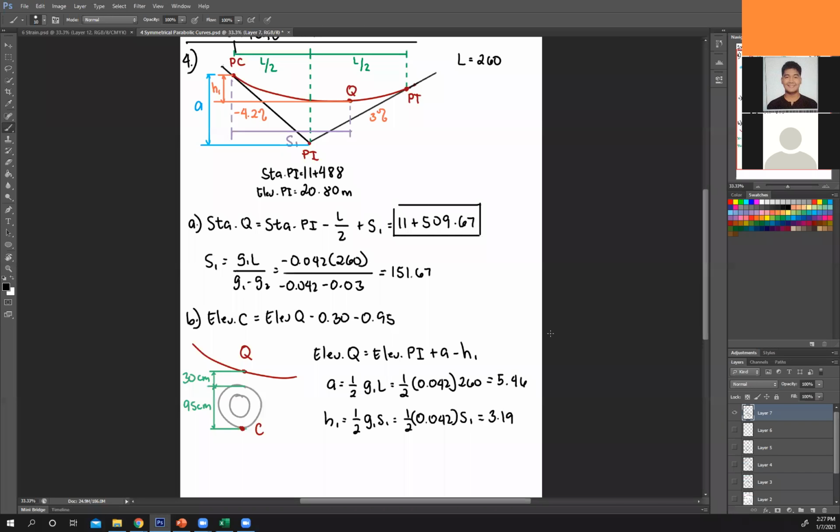Okay. So now I have H. I can solve for elevation of Q, so what's elevation of PI is 20.80. So 20.80 plus A, 5.46 minus 3.19.